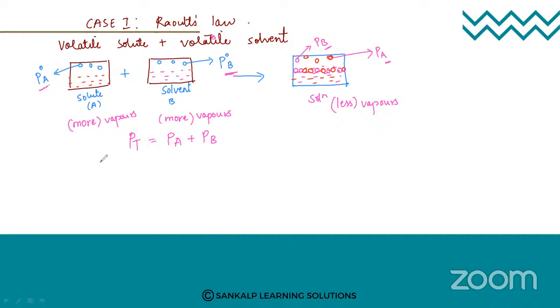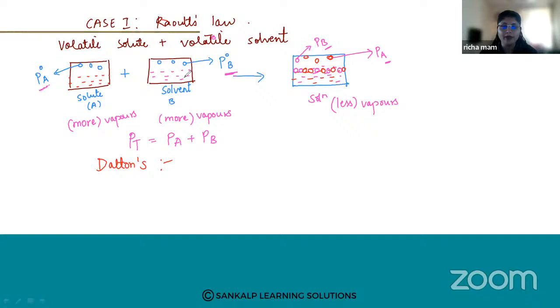There is something called Dalton's theory. So what is Dalton's theory? According to Dalton's theory, how do you calculate the total vapor pressure? The total vapor pressure is equal to the sum of the individual partial pressures exerted by each component.